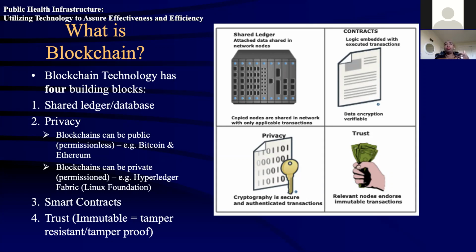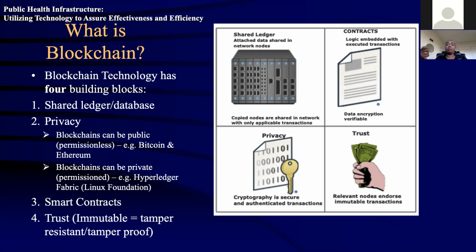So again, blockchain is a shared ledger, a shared database, it's distributed. The privacy and the security of it is a huge bonus, okay? So blockchain can either be public or private. Bitcoin, as an example from the cryptocurrency standpoint, is on a public blockchain, and that means it's permissionless, okay?